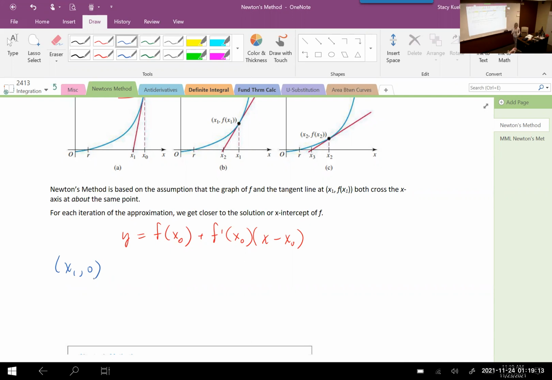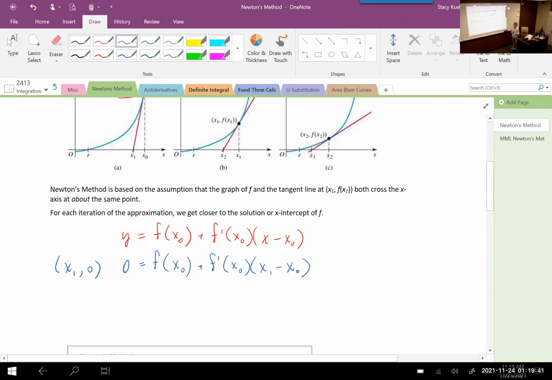That changes our formula a little bit if I plug in a particular point. So I'm going to say 0 now for the y value, but it's still based on the value of the function at x naught plus the derivative of the function at x naught times x1 minus x naught.